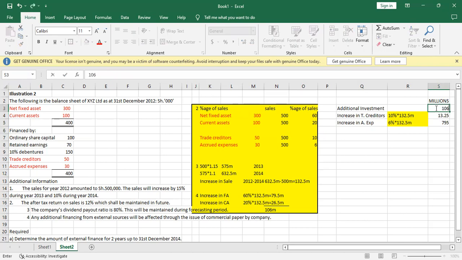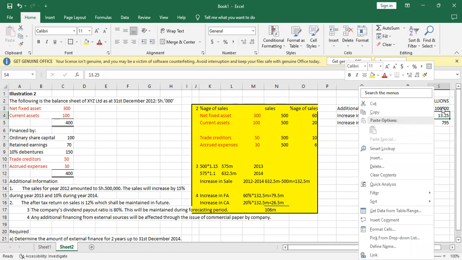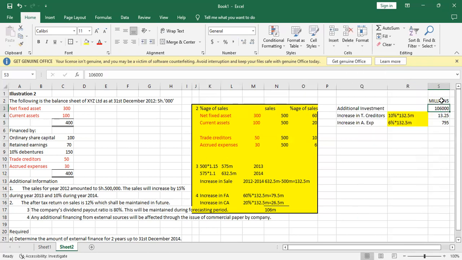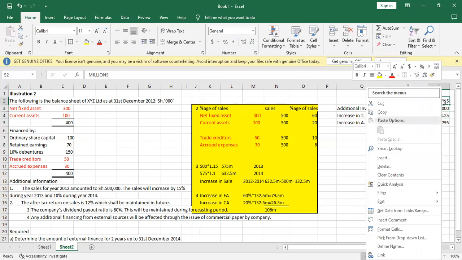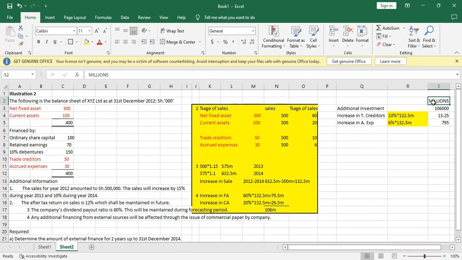Let me put them in thousands. So this will be 106. Let these figures be in thousand. See, the machine is already. So let the figure be in thousand so that I can convert this.